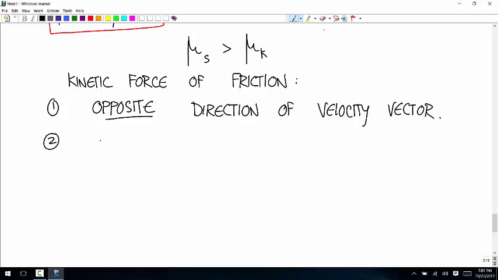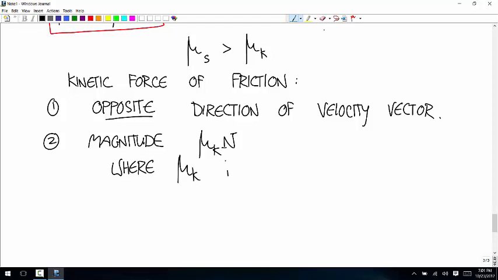And the magnitude is always equal to that kinetic coefficient of friction times the normal force, where that constant mu sub k depends on the two materials in contact.